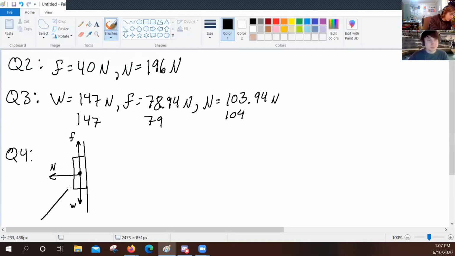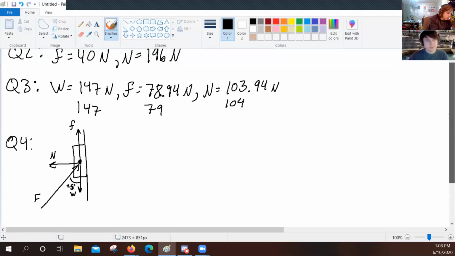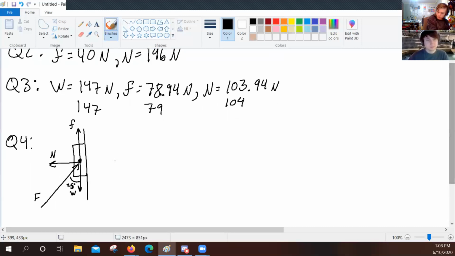And then we have our applied force here, which is that college student. And the angle between his arm and the wall is 25 degrees. Let me know if any of you guys have problems seeing any of this, by the way. Okay.